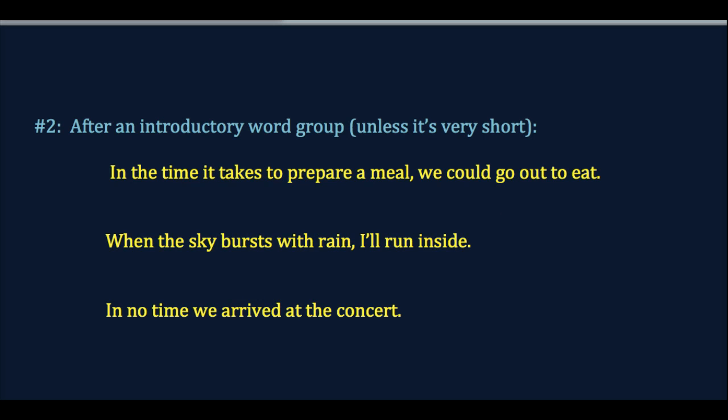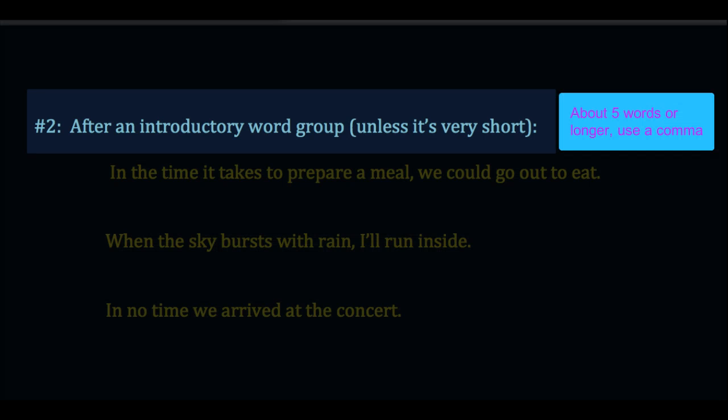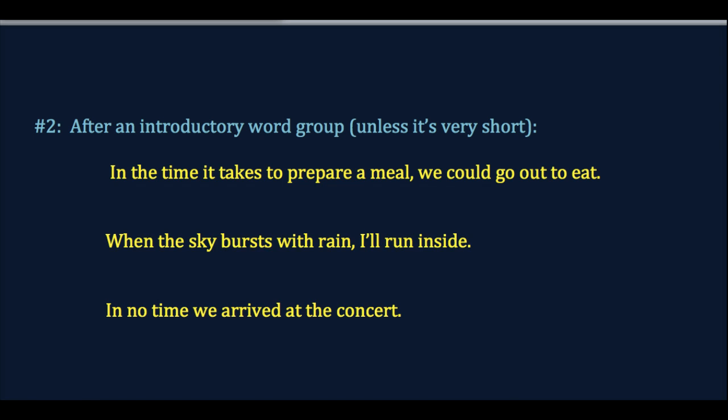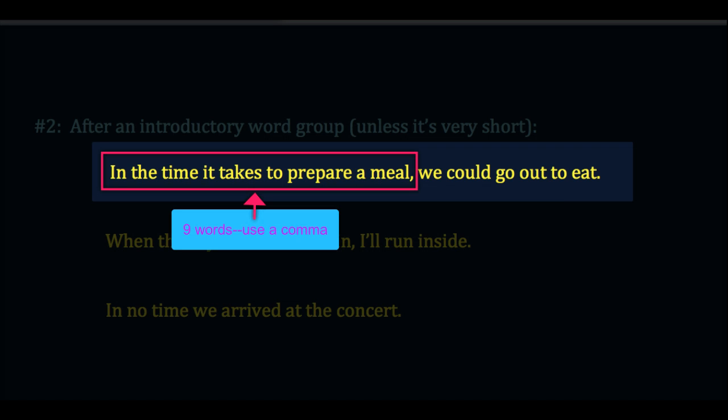Rule number 2: use a comma after an introductory word group, unless it's really short. The rough guideline is 5 words or longer, but again, that's just a rough guideline. "In the time it takes to prepare a meal, we could go out to eat."